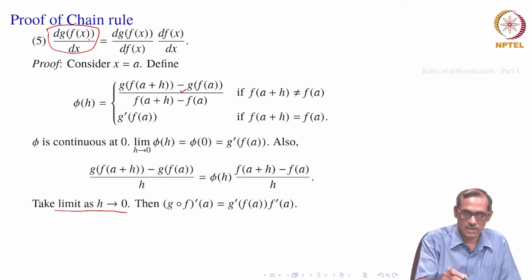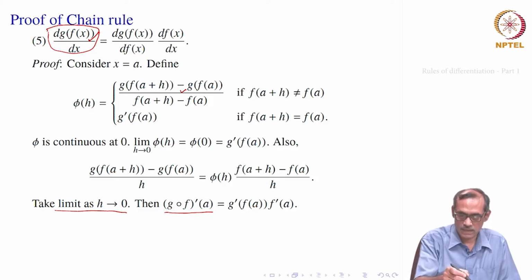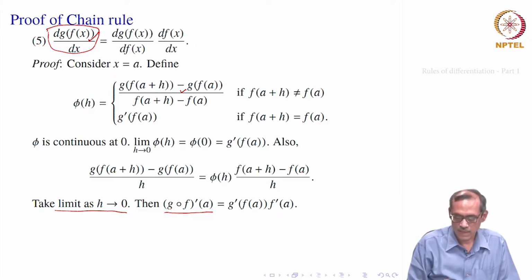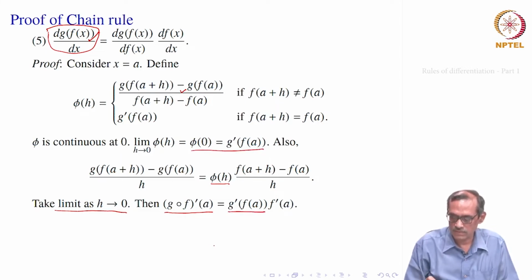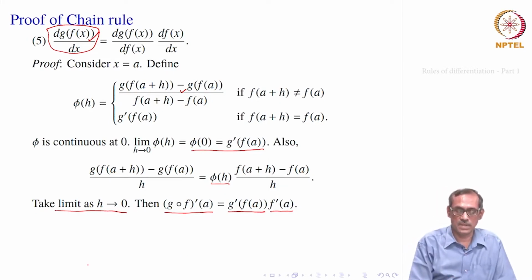So, the left side gives this limit, which is the composition derivative d of g of f x by dx at x equal to a, and the right side gives phi of h. Now, phi is a continuous function. So, that gives you phi of 0, and phi of 0 we know to be g prime of f of a. And limit h goes to 0 of the second factor gives you f prime of a. So, that is how we get the derivative of the composition, or the chain rule.